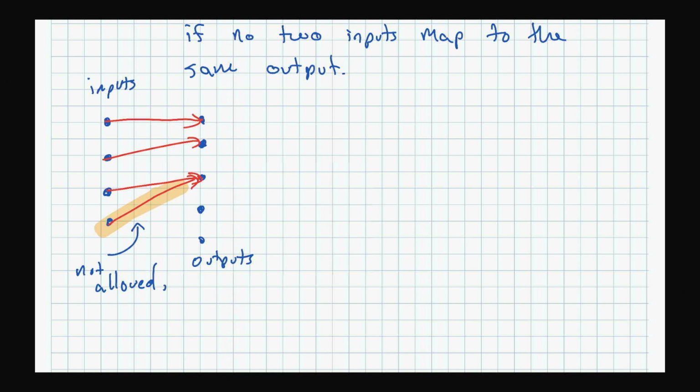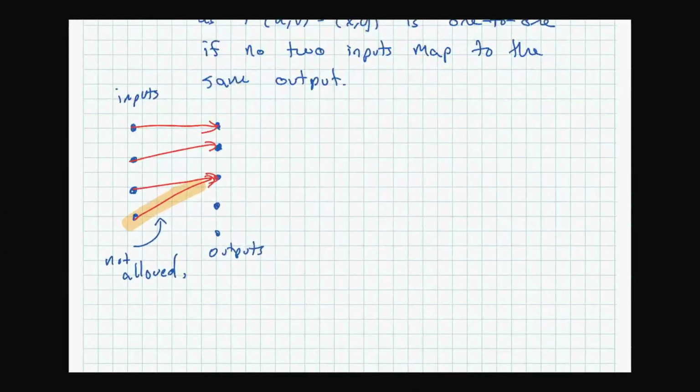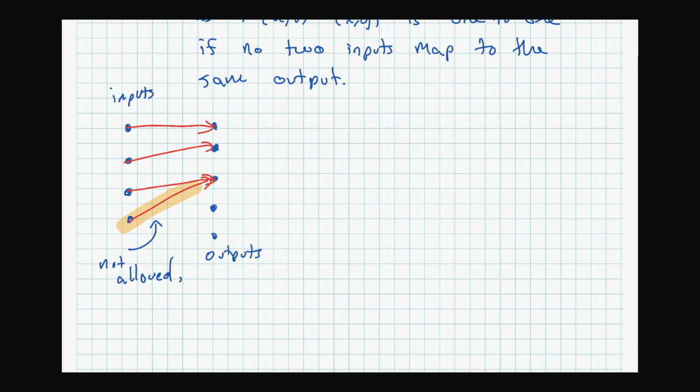Not allowed. So one to one: one line from over here, from the inputs, to over here, to the outputs. No line goes to two things over here, no line goes to two things over here. That's one to one. And what a one to one function has is that it's going to be invertible. That's why we care. So we will need that property.